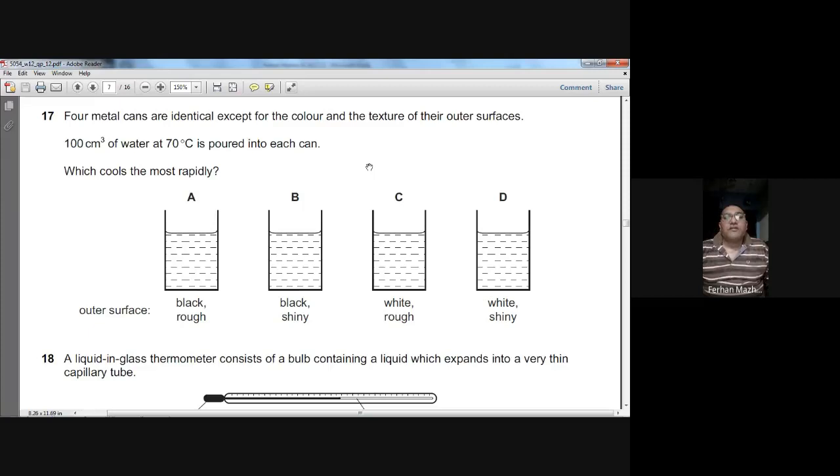The can that will cool most rapidly is the one whose surface is the best emitter of infrared radiation, and that will be the surface which is black and rough. So the choice is A. For question number 17, the choice is A.